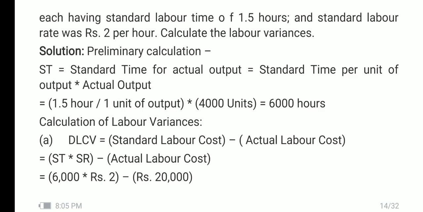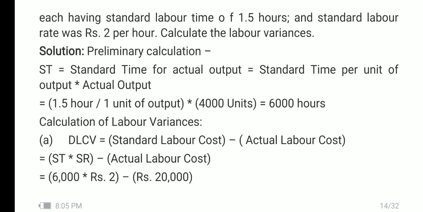To produce 1 unit of output we require 1.5 hours, that is the standard fixed, into 4,000 units actual output produced will give us 6,000 hours. That is, ST, standard time for actual output, is 6,000 hours. It is not given, we are computing.